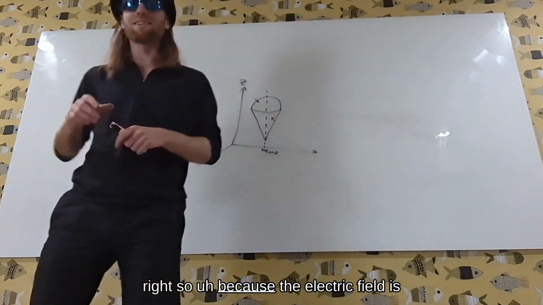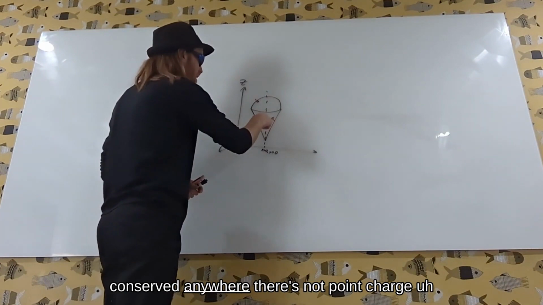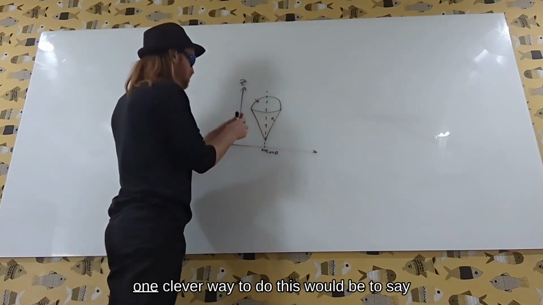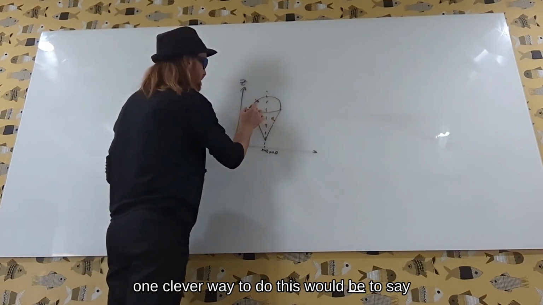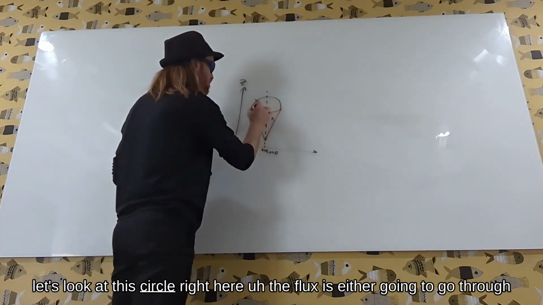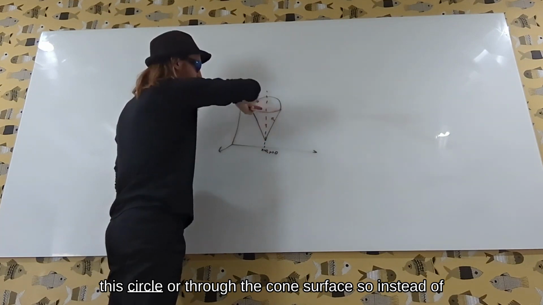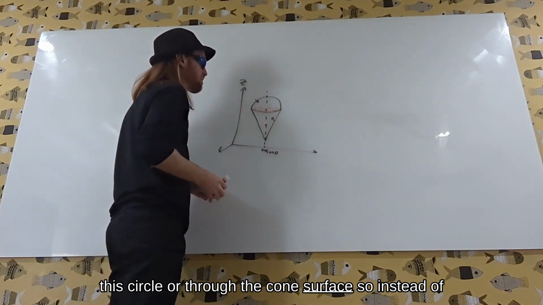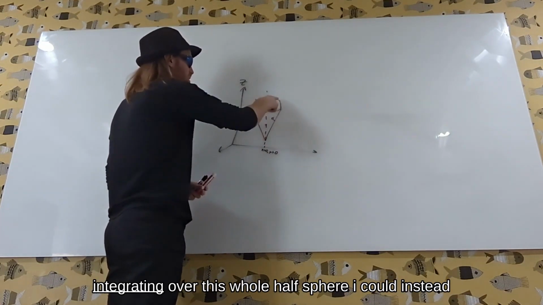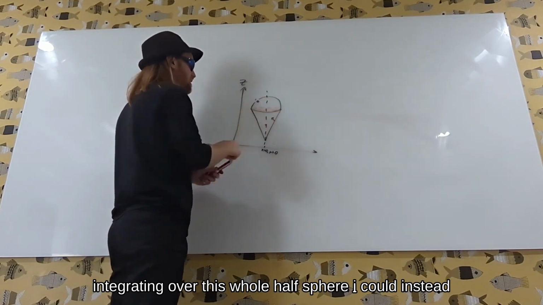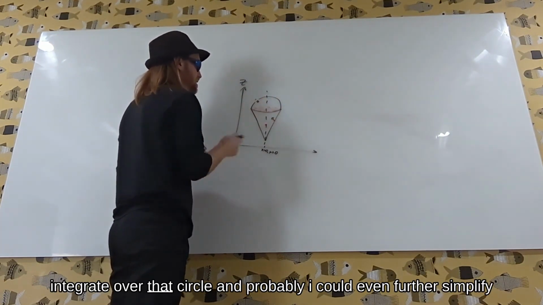Because the electric field is conserved anywhere there's not a point charge, one clever way to do this would be to say, let's look at this circle right here. The flux is either going to go through this circle or through the cone surface. So instead of integrating over this whole half sphere, I could instead integrate over that circle.